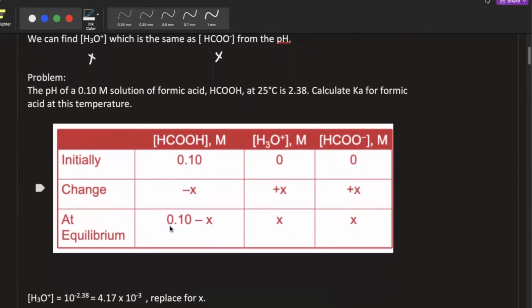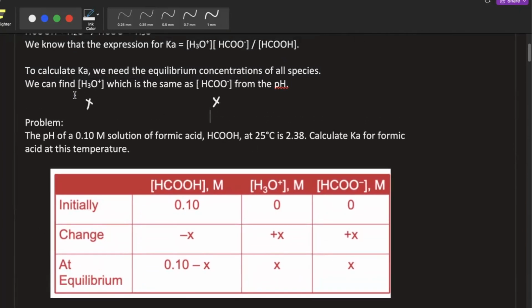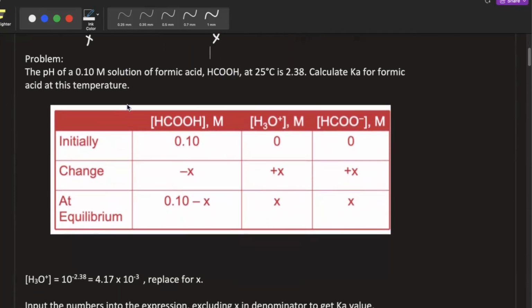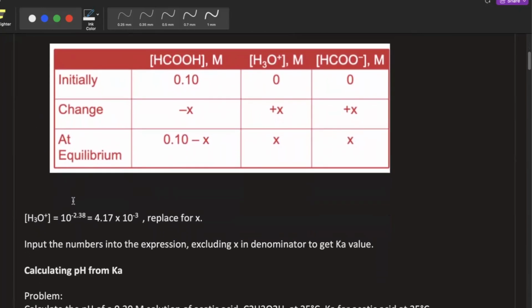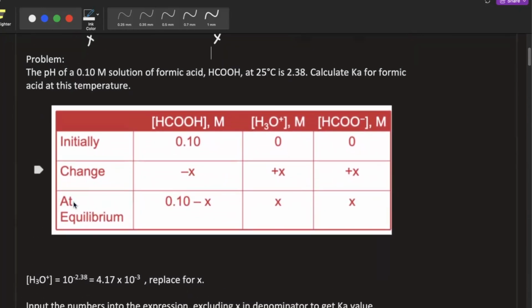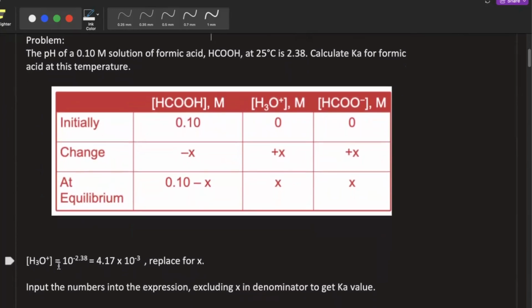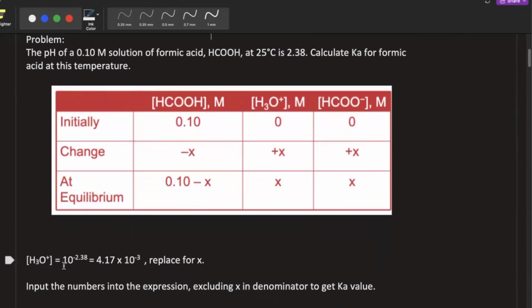For formic acid, we get 0.10 minus X. And for both of the products, we get just X. So we can go back to this, and we can confirm that the H3O plus and HCOO minus are the same. So we can see that H3O plus is equal to 10 to the negative 2.38. We get that because it gives us the pH.